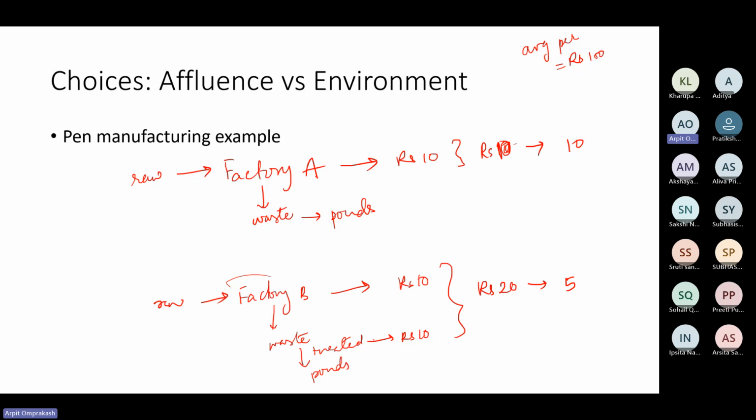And probably that might lead to a decrease in the amount of fishes that we might have. So for future populations, it's leading to a decrease in the resources that they can utilize. But in the second case, that is not the case. We are treating the plant water before sending it into lakes, rivers and ponds, and therefore the water is harmless. But this increases the cost for us, right?